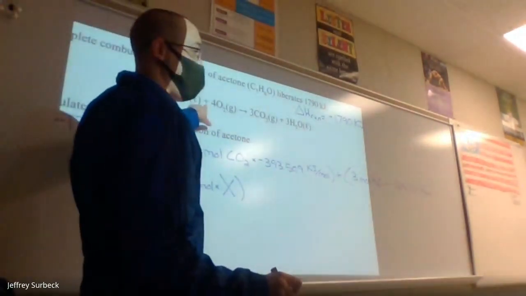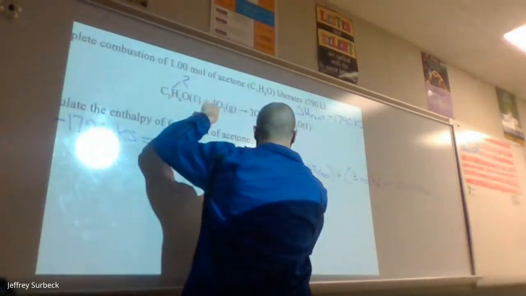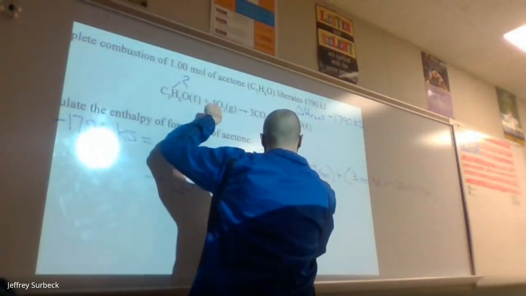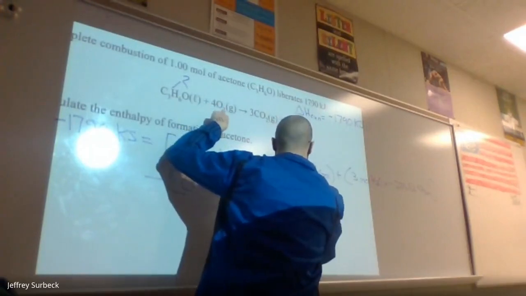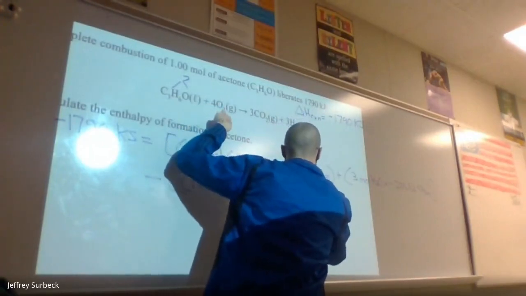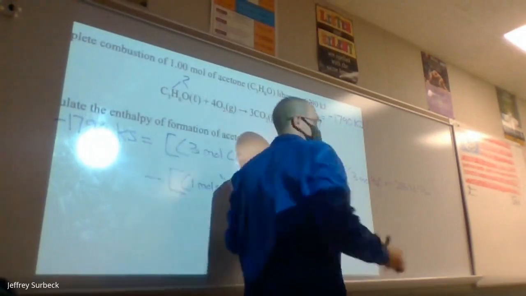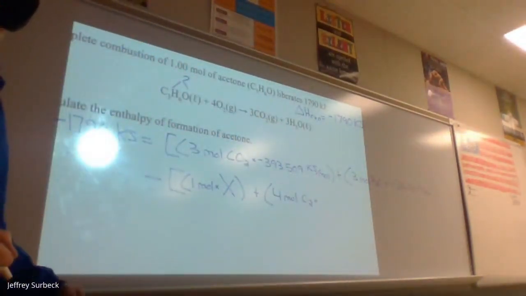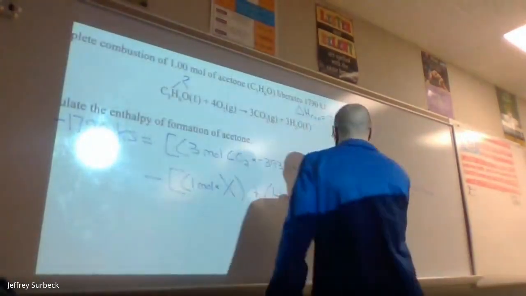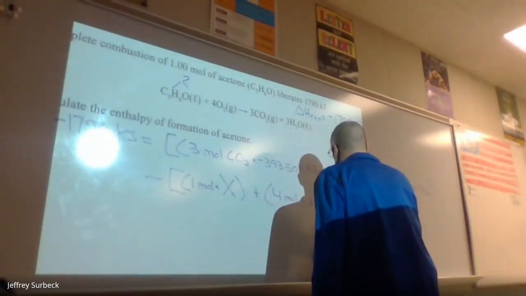Now, we add to it, just like the equation says, how many moles of O2? 4 moles of O2 times, real easy for O2, 0. That makes life really easy.